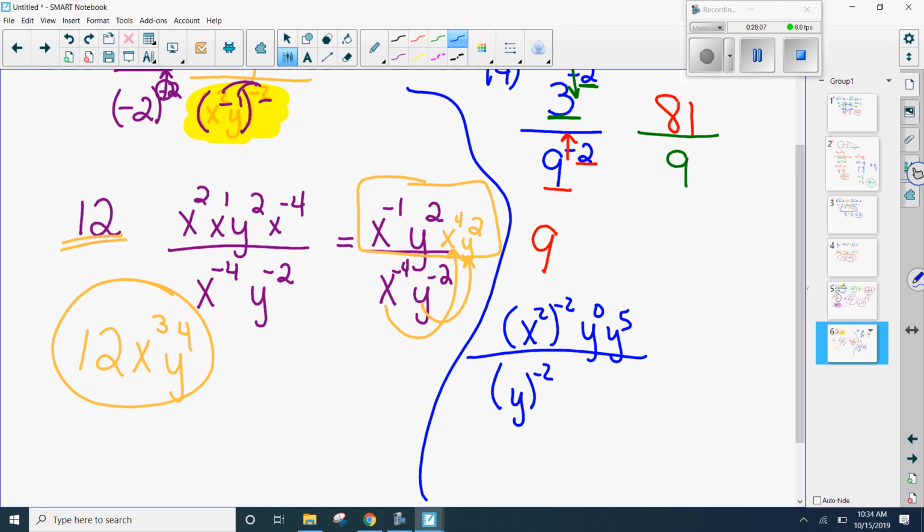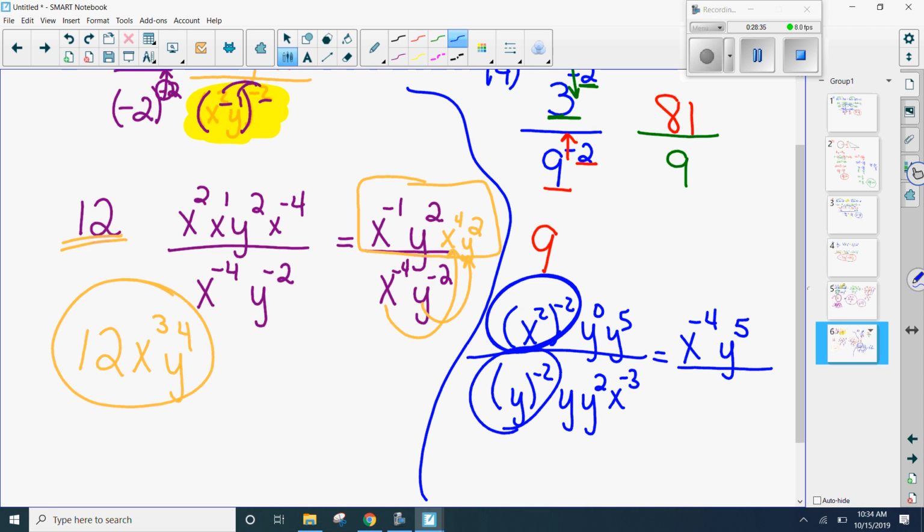Then you have y squared, x to the negative 3rd power. Simplify. What does this right here become? See your parentheses? What do you do to the exponents? Multiply, so you get x to the negative 4th, y to the 5th. I'm just going to go ahead and say 0 and 5 is 5.